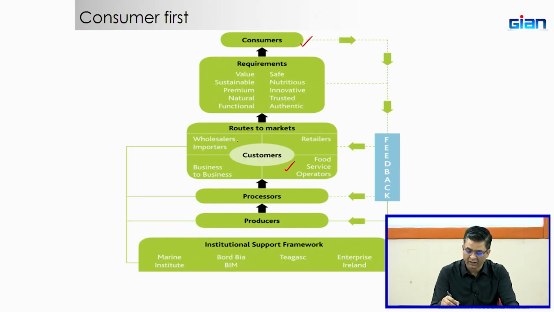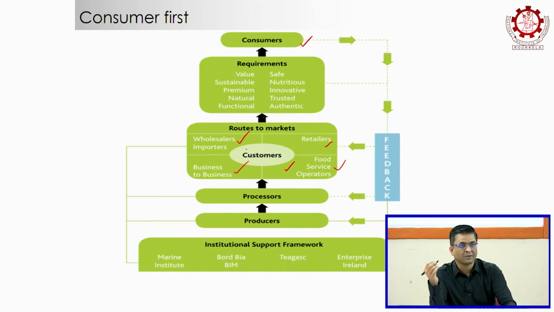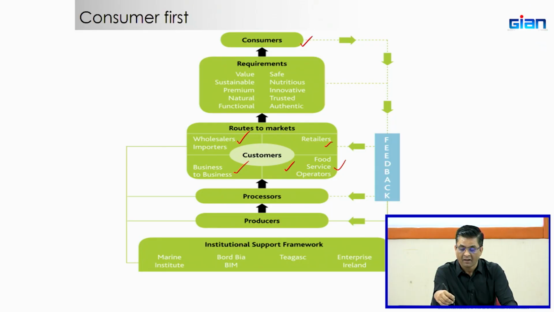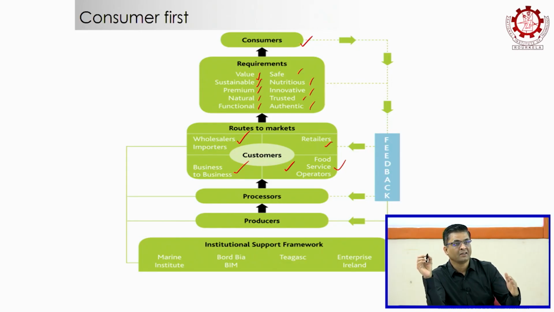Now, who are the customers? Wholesale importer, business to business, retailer, food service operators and a consumer. Just take it exactly as a food one. First you need to know what customers or consumers want. They want, suppose, value, sustainable, premium, natural, functional products, safe, nutritious, innovative, trusted, authentic food. And then that decides what the priority should be.